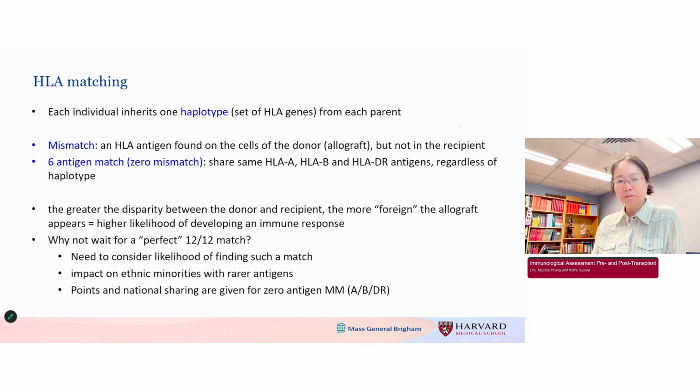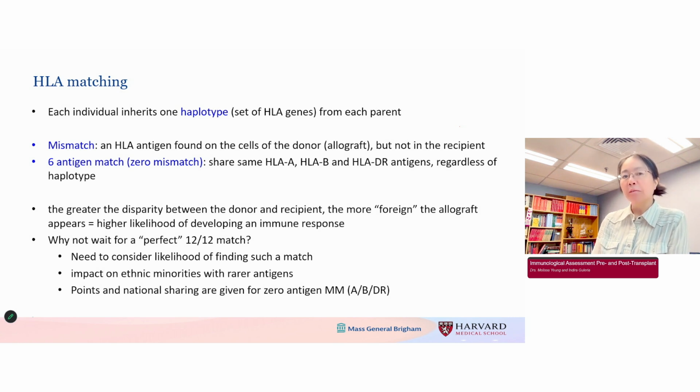Okay, but in solid organ, you're really thinking about what the recipient's immune system can see on the allograft that's foreign. The other term that I think is a bit of a misnomer now and outdated, and that I personally think we should get rid of, is this concept of a zero mismatch. Okay, historically, a zero mismatch has been characterized as sharing the same HLA-A, B, and DR antigens.